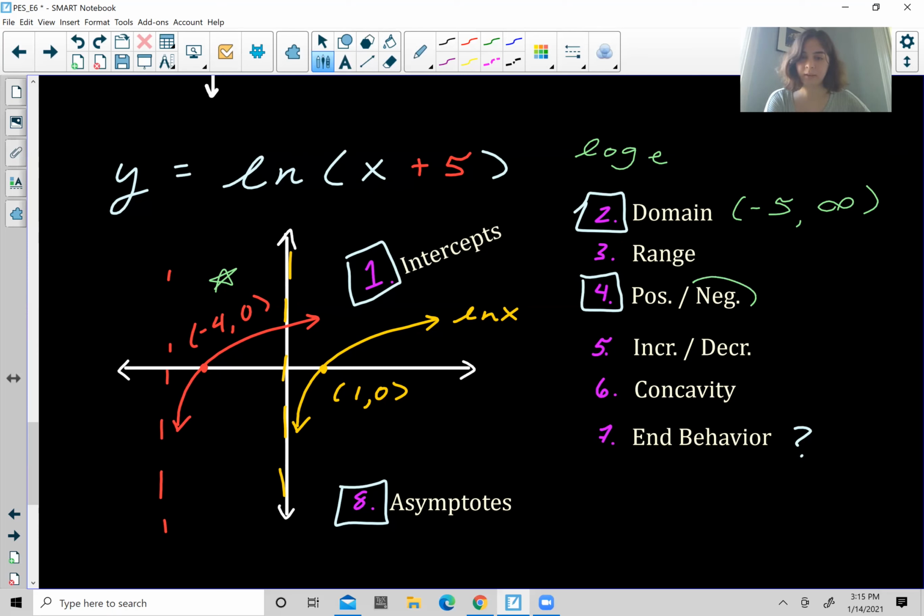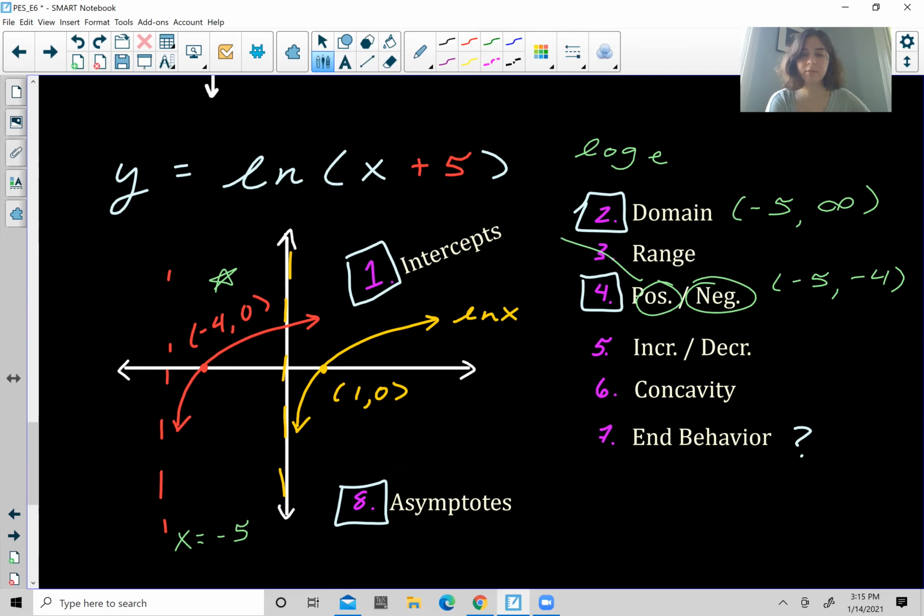Positive and negative is going to change with that domain. So let's start with negative. This is x equals negative 5. I should write that. It's going to be negative from negative 5 to negative 4, kind of like our 0 to 1, but now we moved it left 5.